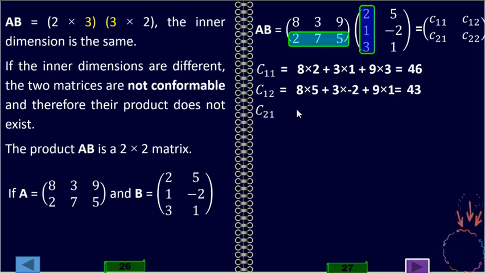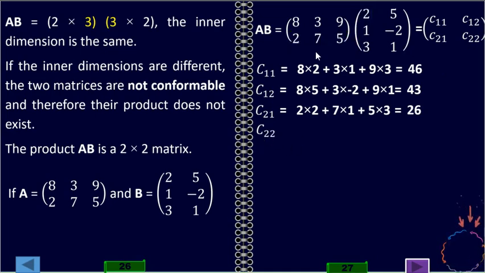So we multiply row 2 by column 1, because it said 2, 1. We're going to have 2 multiply 2, 7 multiplies 1, and 5 will multiply 3. Then you simplify that, and you get your final answer as 26. Now this C22 means the second row multiply the second column.